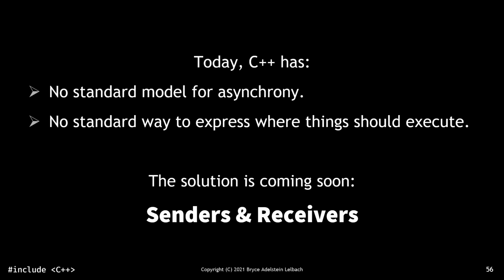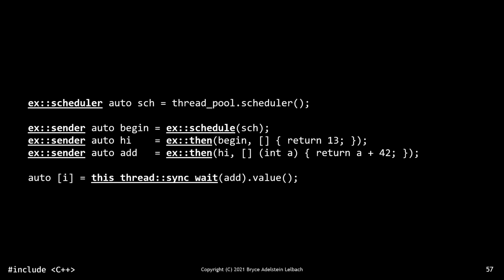Senders and receivers, an asynchronous execution framework for standard C++. Let's look at a simple example. First, we need to get a scheduler from somewhere, from a thread pool, a tasking system, a GPU driver, etc. To start a chain of work on the scheduler, we call schedule, which returns a sender. That sender will complete on the execution context associated with the scheduler.